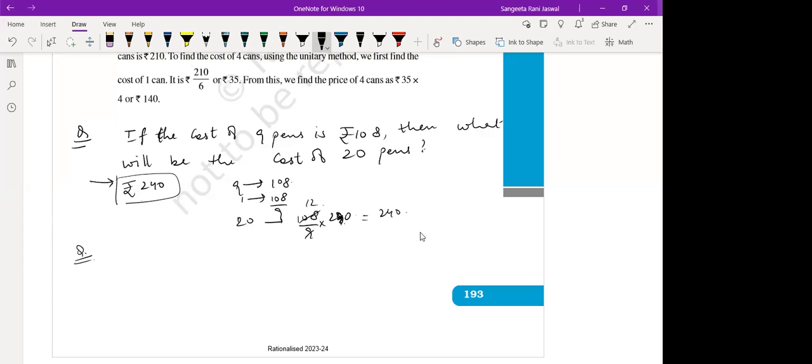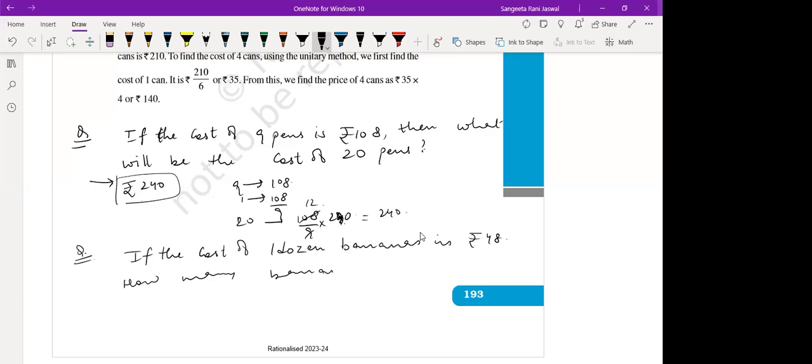Okay, let's take the next question. Please write down: if the cost of 1 dozen bananas is rupees 48, how many bananas can be purchased for rupees 36?